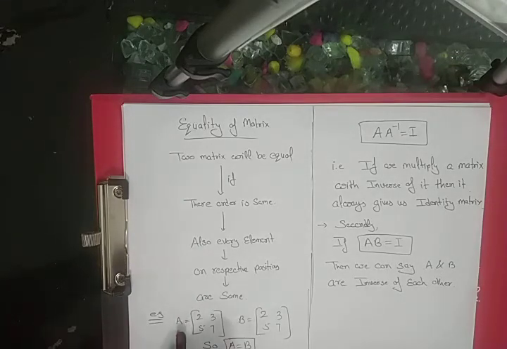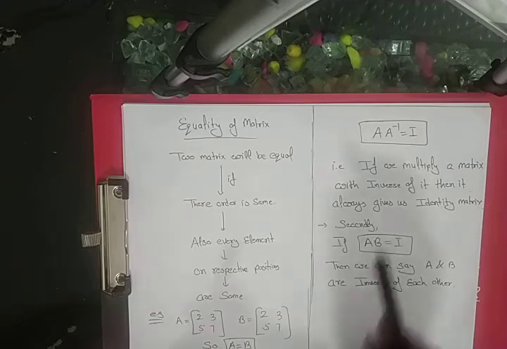As we are taking two examples, A and B, with elements 2, 3, 5, 7, 2, 3, 5, every element is the same and the order is the same. So we can say the two matrices are equal. Or if two matrices are equal, we can say the elements will be the same. So both are true. If elements are the same and order is the same, matrices are equal. If matrices are equal, then the order and elements will be the same.